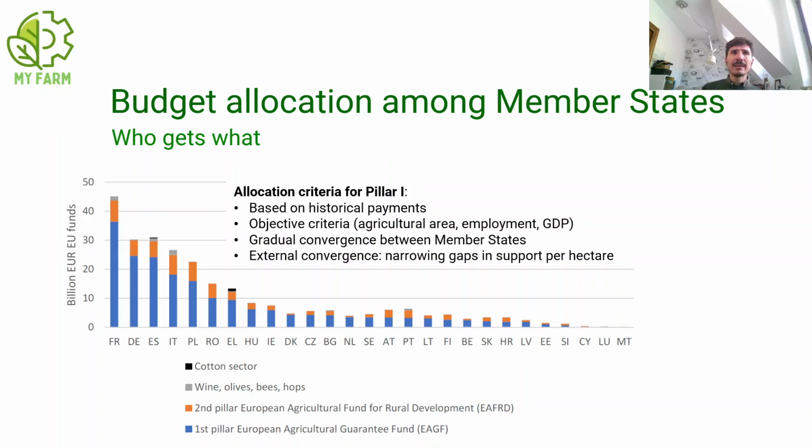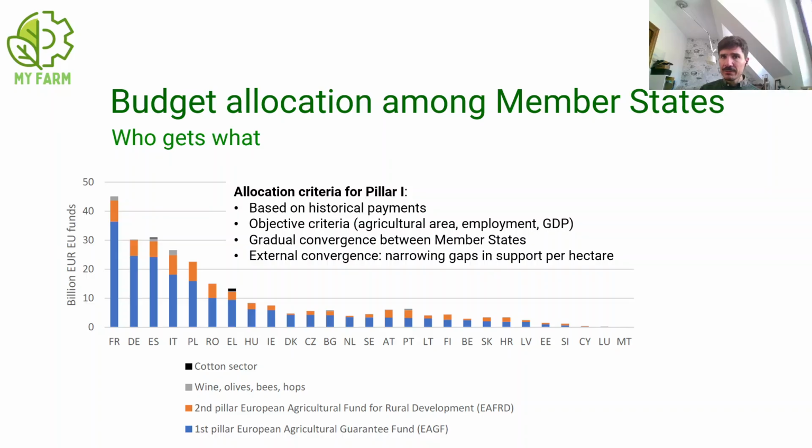These are the allocations among member states. In this graph, you see the allocation of funds among all the member states. You see that France, Germany, Spain, Italy, and Poland are the member states that receive the highest amount of resources.